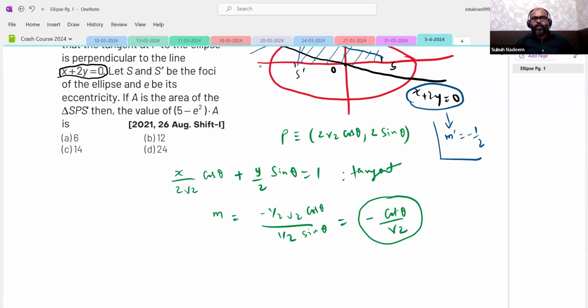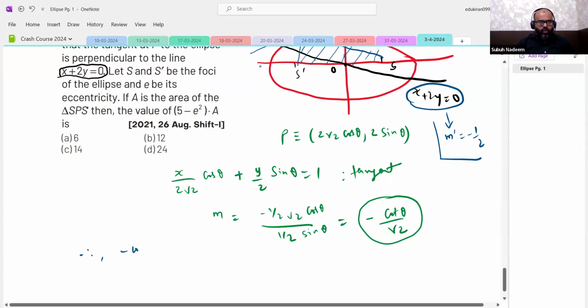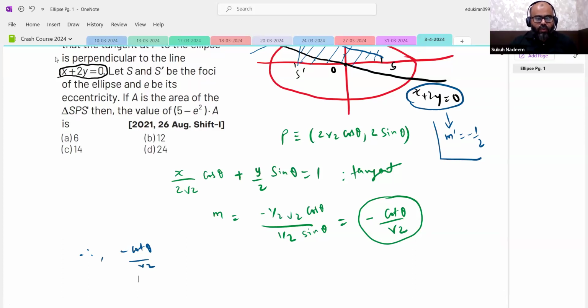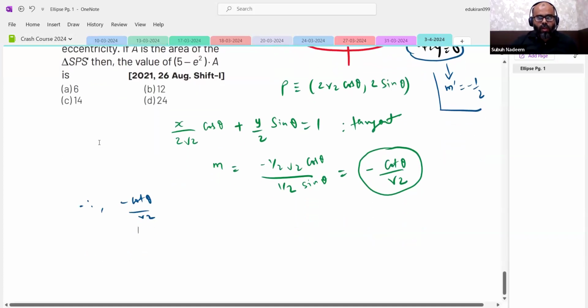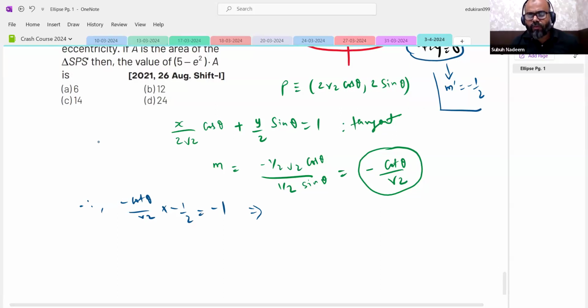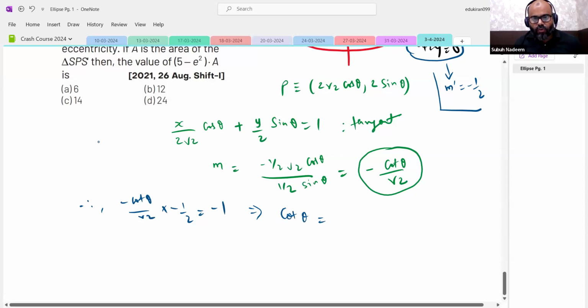If they are perpendicular, their product will be minus cot theta by root 2 into minus 1 by 2 equal to minus 1, because perpendicular lines have product of slopes as minus 1. So it will finally become cot theta equal to minus 2.